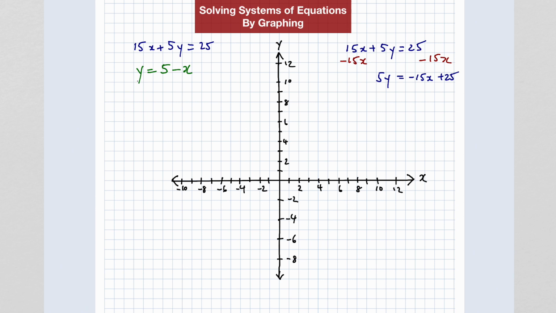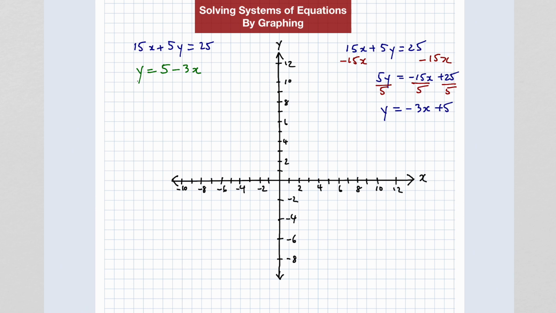So now we're going to divide both sides of the equation by 5. And when you do, we have to make sure that we divide 5 across every component. So we're going to divide this by 5, then this by 5, and then this by 5. So then what we would get is y is equal to negative 3x plus 5.